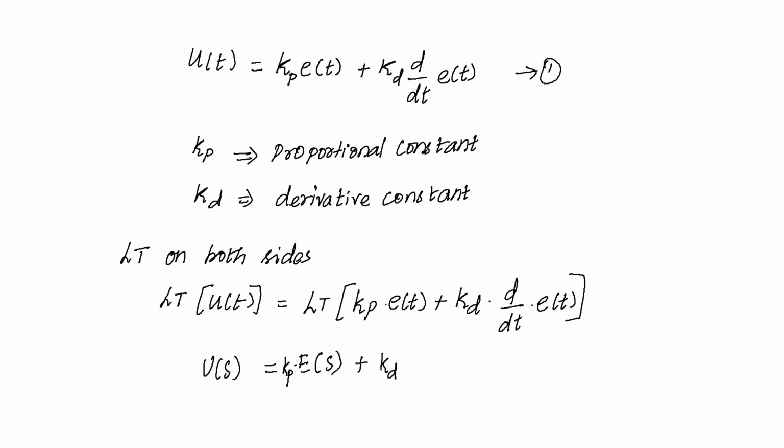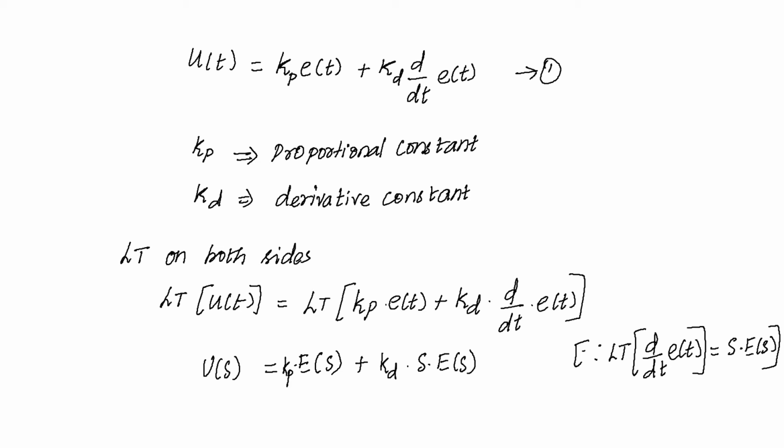Then d by dt of E of t can be written as s times E of s, by applying the Laplace transform formula for derivatives.